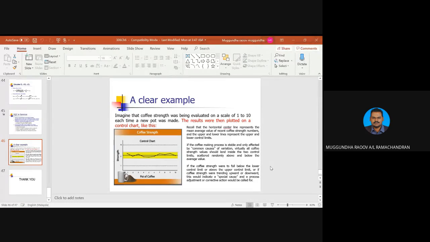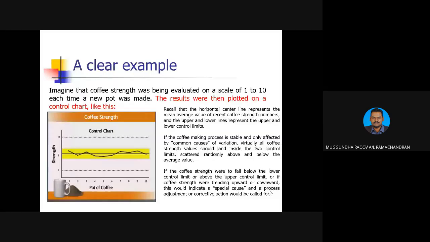Just now I mentioned the common causes, and if we observe this kind of pattern, it is because of special causes. Therefore, a process adjustment or corrective action should be called for by management. This is how they use the control chart in industry to monitor their production.